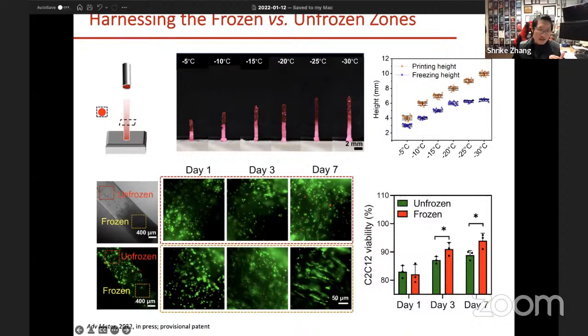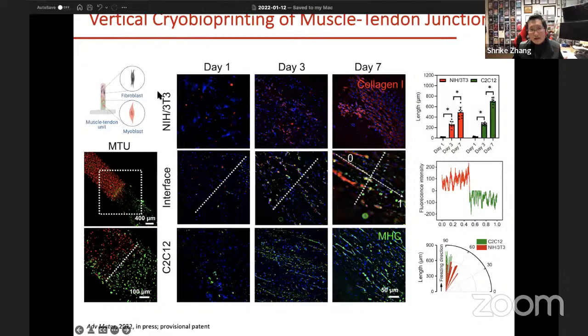In the frozen section, you have cells that are aligned, but in the unfrozen section, you have cells in there too, but the cells are not aligning. Right, and if you put different cell types in there, having myoblasts in the bottom section that's frozen, but having fibroblasts in the top section that's non-frozen, you can really engineer this junction unit, having the aligned myofibers in the bottom section and then less aligned fibroblasts in the top section to create junctional tissues for different target applications.